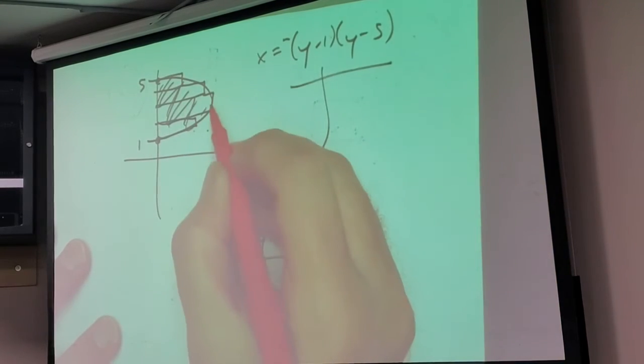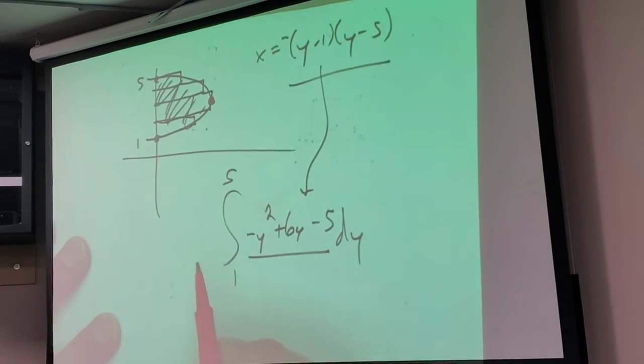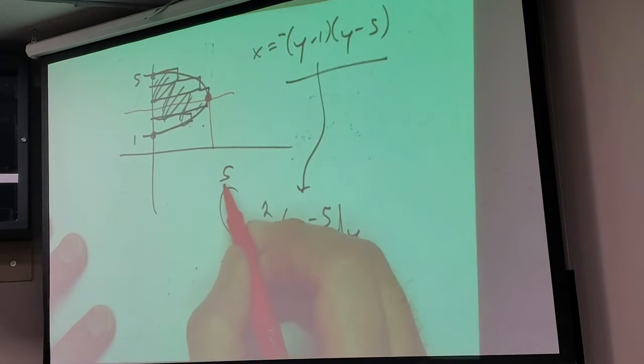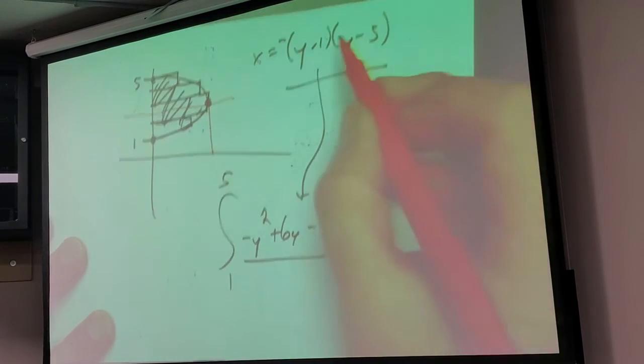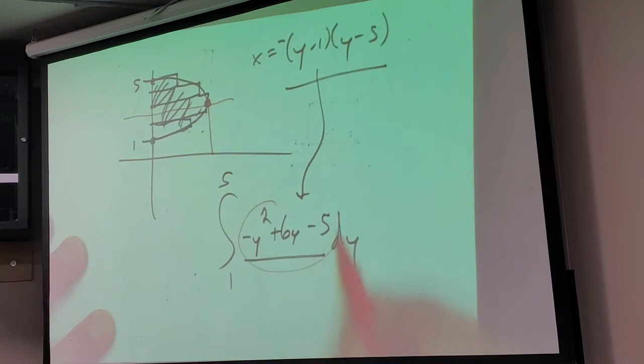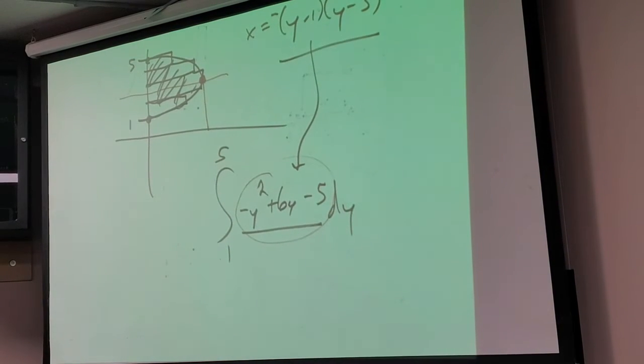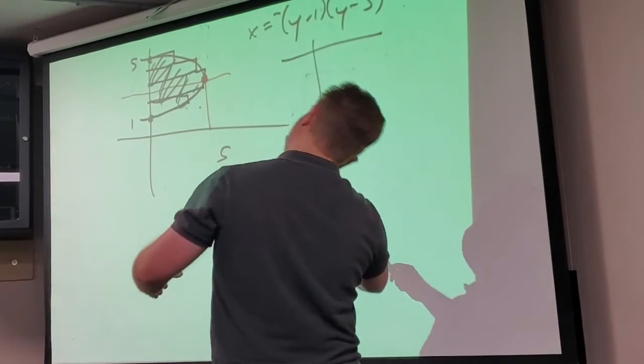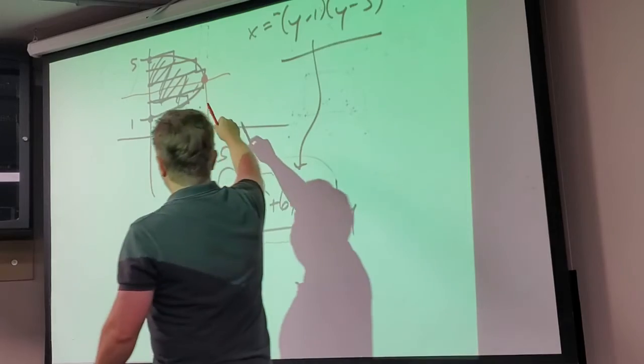You could do everything in terms of x, but then you would have to solve this for y, so then you'd have a function of x. We are not going to do this, but if you were really against rotating your head, you could.